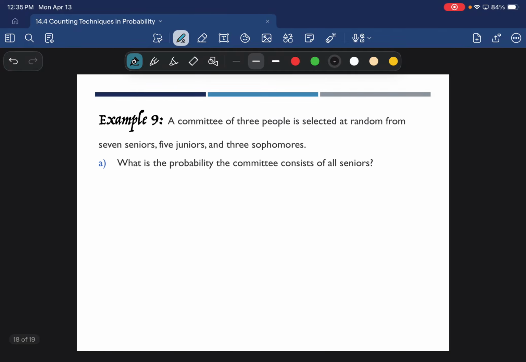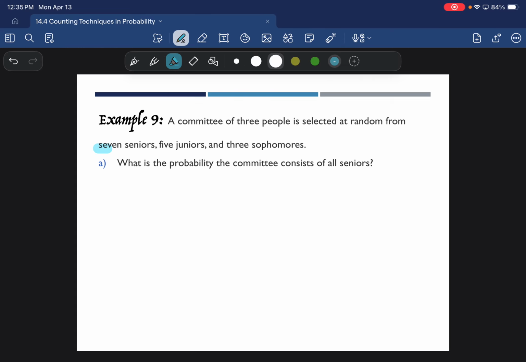Okay, let's try another one that does something similar, but with a little bit different context. All right, so we're going to look at a committee. Now, what did I say? Committees are combinations, so we know we're using combinations. It's a committee of 3 people, and we're selecting randomly from 7 seniors, 5 juniors, and 3 sophomores.